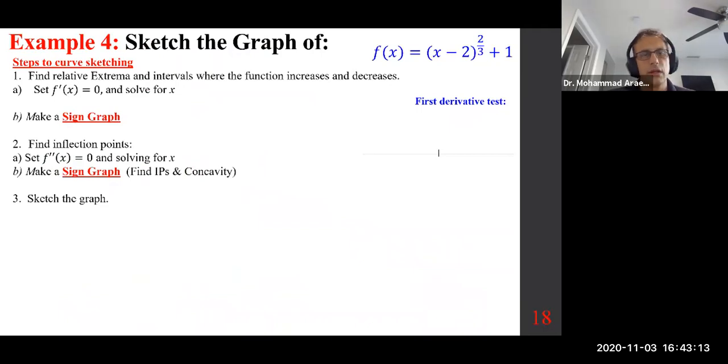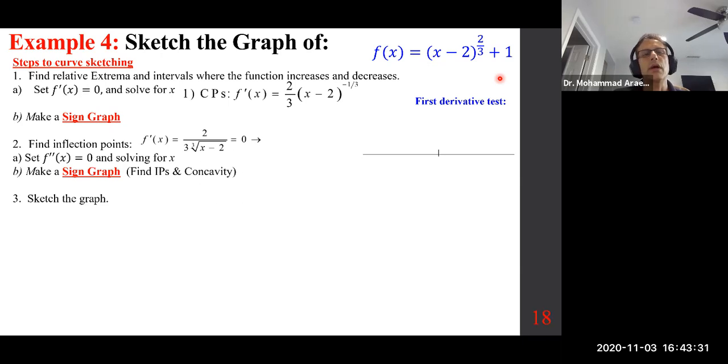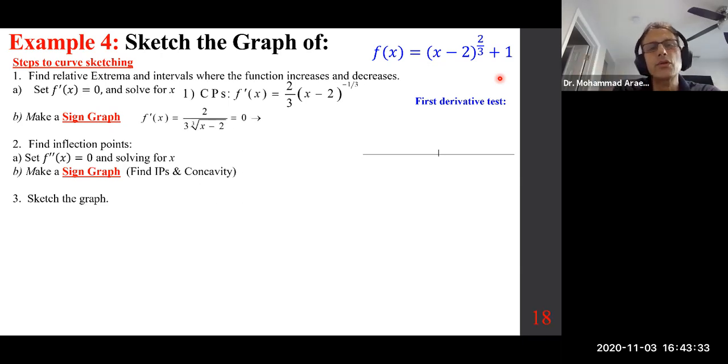We are not too worried about that. By now, we have mastered the beauty of differentiation. 2/3 times x minus 2 to the power of 2/3 minus 1, which is negative 1/3, and then times the derivative of the inside, which is 1, plus 1 gives us 0. So here's the differentiation, and we rewrite this. Okay, so that's f prime of x. That shouldn't be a big deal.